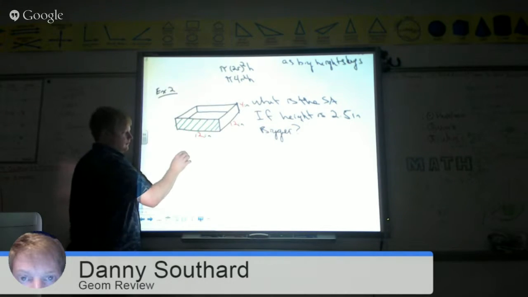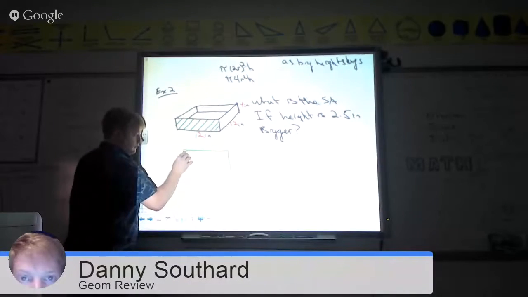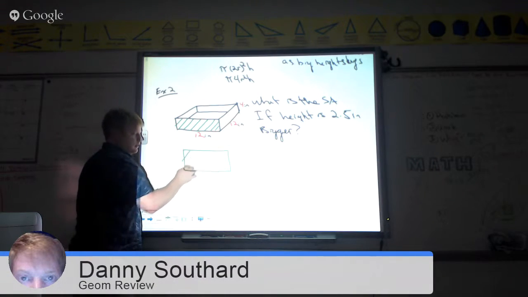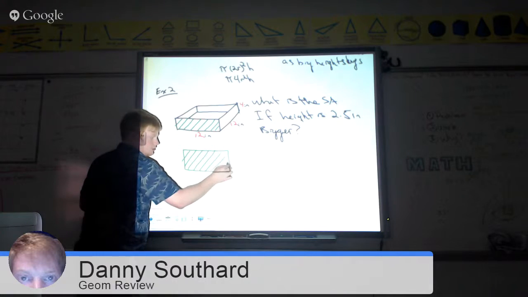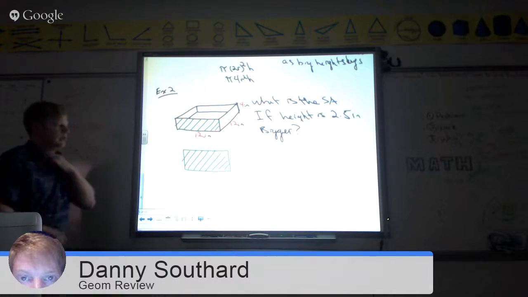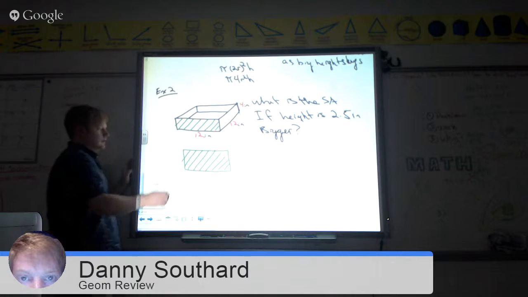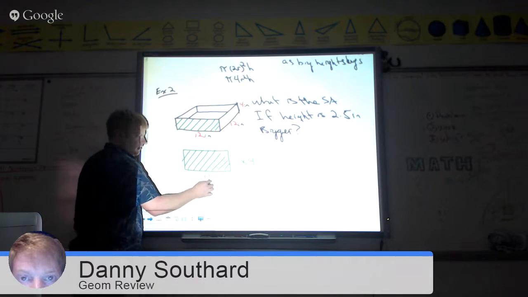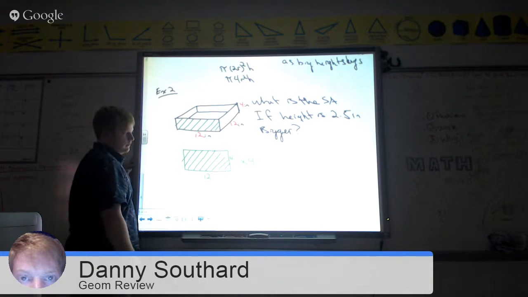Okay. So how many of these green areas do I have? 1, 2, 5. And they are 12 by 4.